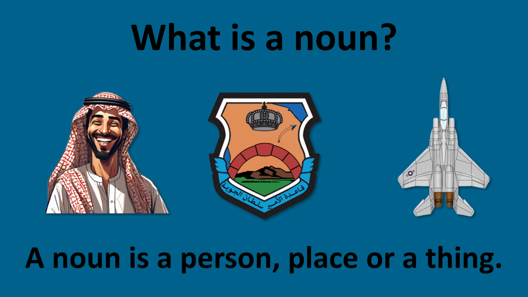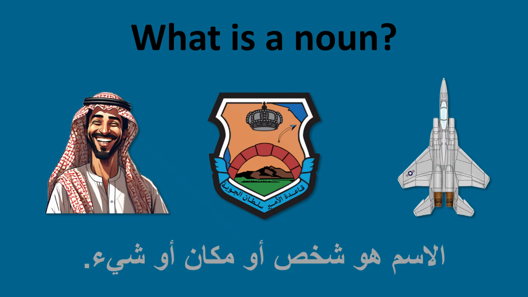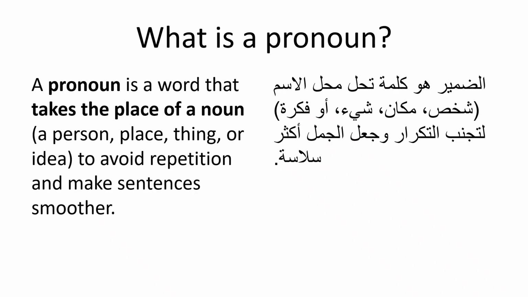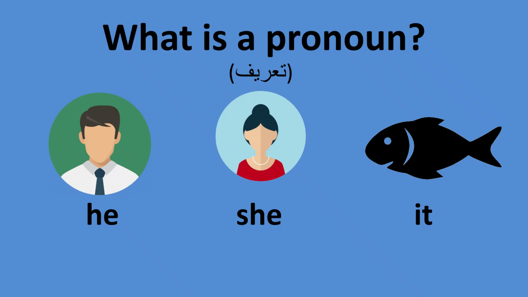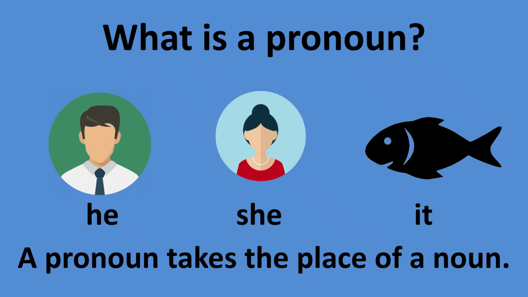A noun is a person, place, or a thing. What is a pronoun? A pronoun is a word that takes the place of a noun, a person, place, thing, or idea, to avoid repetition and make sentences smoother. A pronoun takes the place of a noun.